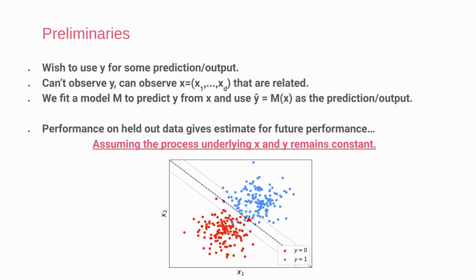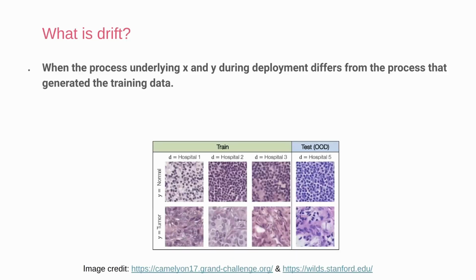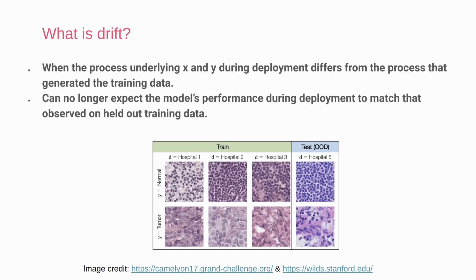So that sets up nicely what precisely drift is, which is simply when the process underlying data during deployment differs from the process that generated the training data. And when such a change occurs, we can no longer expect the model's performance during deployment to match that observed on held out training instances. So we're effectively flying blind and we don't know how well our model is performing.